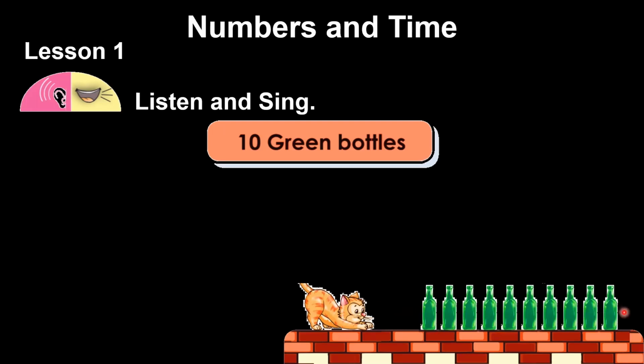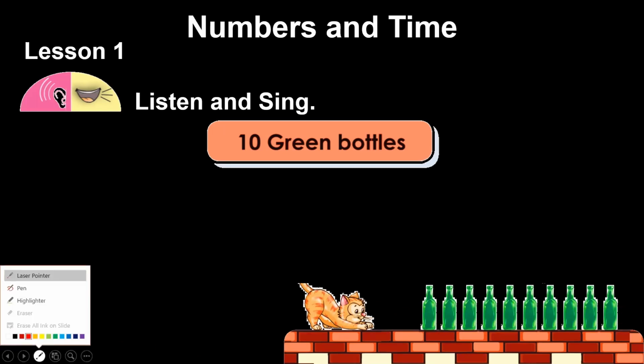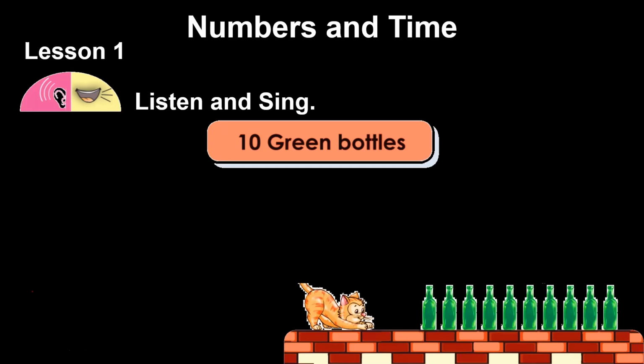And can you tell me how many green bottles are there? How many? Green bottles. Let's count together with me. 1, 2, 3, 4, 5, 6, 7, 8, 9, 10. How many green bottles are there? There are 10 green bottles.